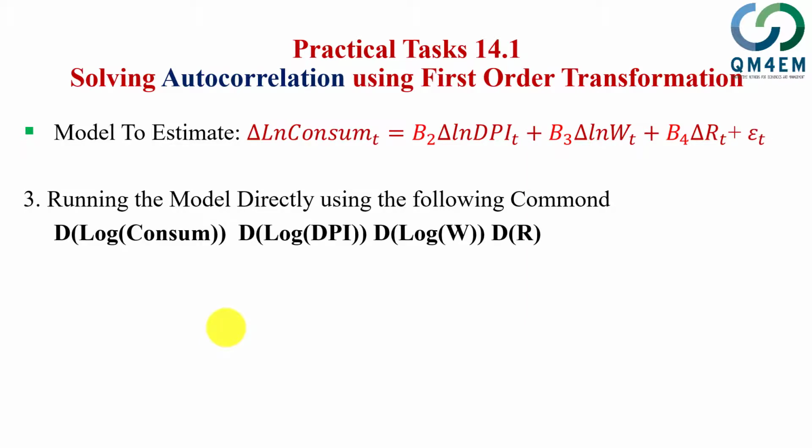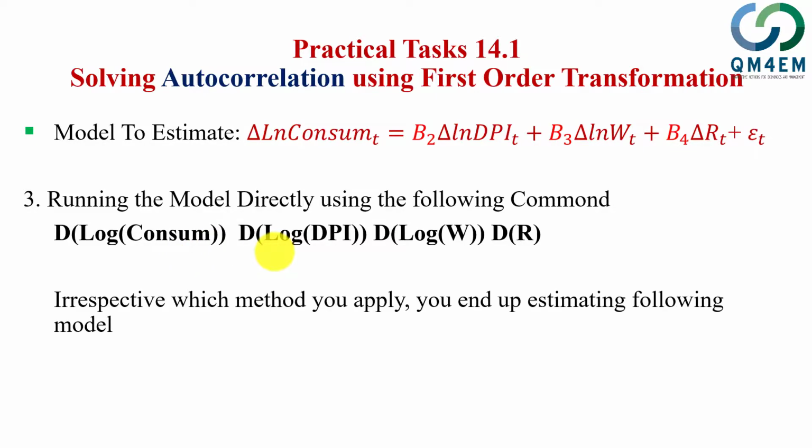You can see that delta log of consumption is being regressed on delta log of DPI, delta log of wealth and delta R. So either you derive these variables individually and then use them in the model, or you can directly write this, opening the original variable as an equation. It will give you the same model. It doesn't matter, it's your choice.